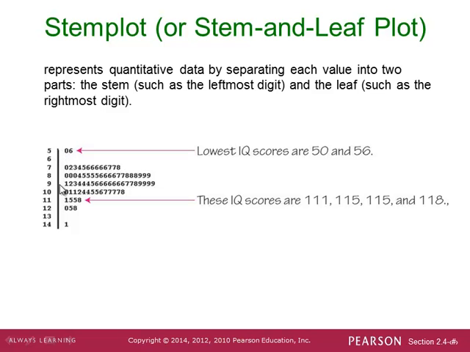And then you draw a vertical line, and then to the right, you write down the rightmost digits, in this case, the ones digits. And here, the 5 to the left and a 0 and a 6 to the right means that there were 2 readings in the 50s. There was a reading of 50 and another reading of 56. There were no readings apparently in the 60s. Down in the 70s, we had a reading of 70, of 72, 73, 74, and so forth.